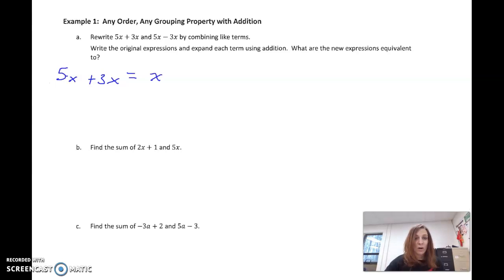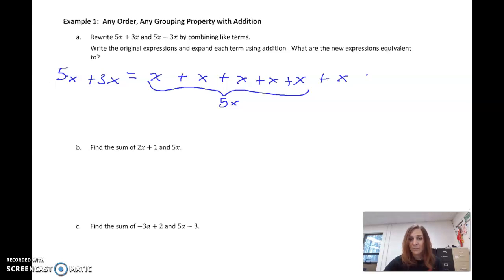So it means I'm taking 1, 2, 3, 4, 5 x's, right? And I'm adding it to 3 x's. That's 1, 2, 3, 4, 5, 6, 7, 8 x's.